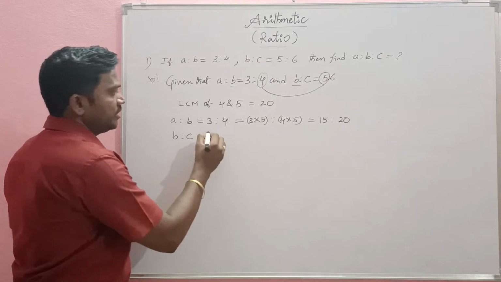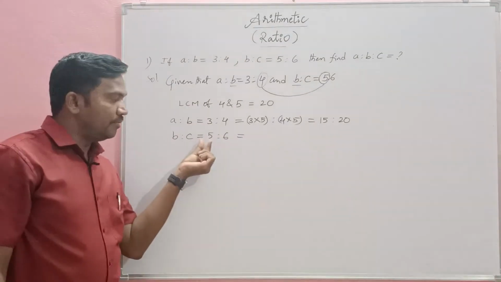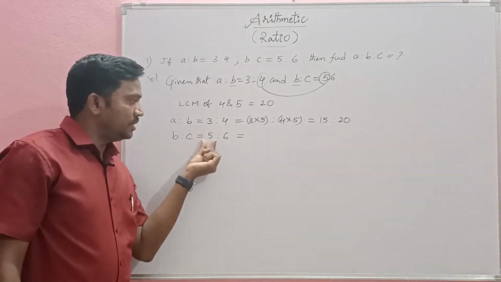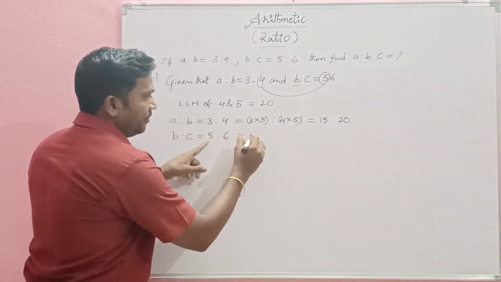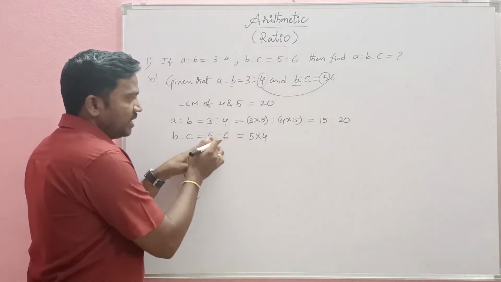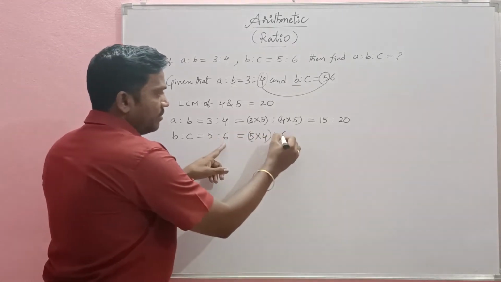B is to C is equals to 5 is to 6. Here also you have to equal the value of B is 20. So multiply 5 by 4 to get 20. So here 5 is multiplied by 4, then 6 must also be multiplied by 4.